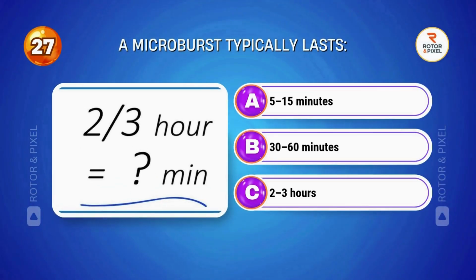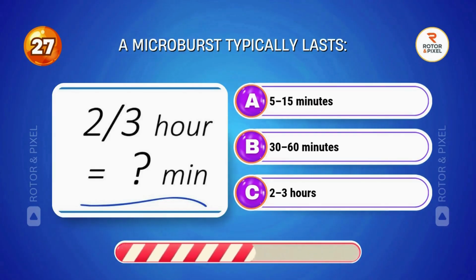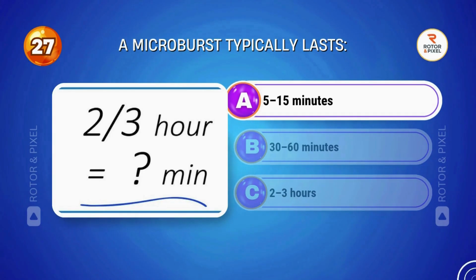A microburst typically lasts... Answer A, 5 to 15 minutes.